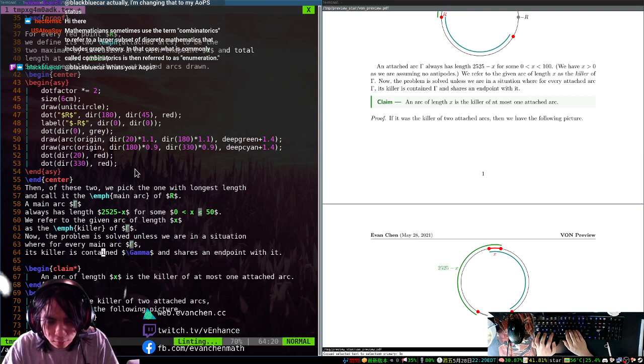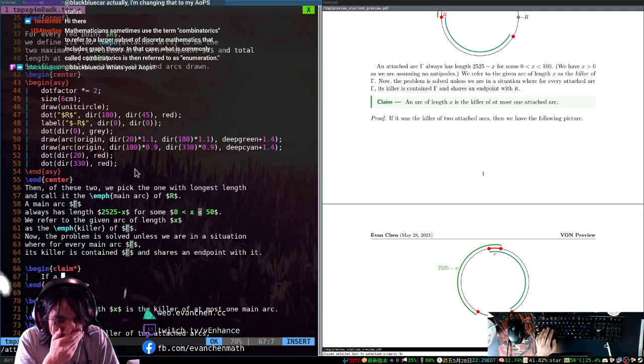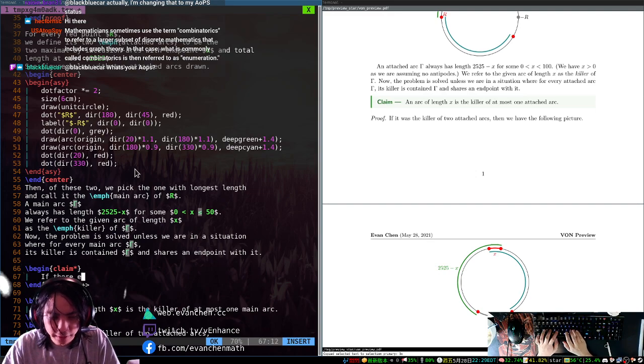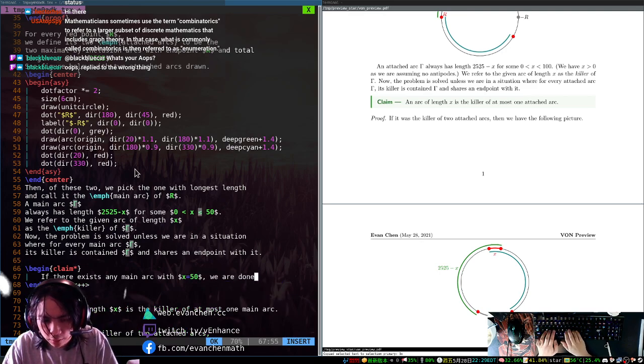Claim: if there exists any main arc with this property, we are done.